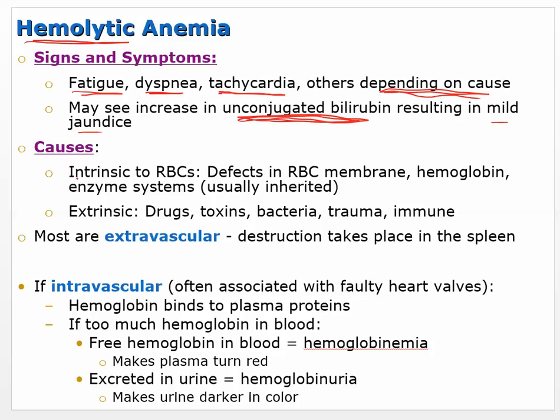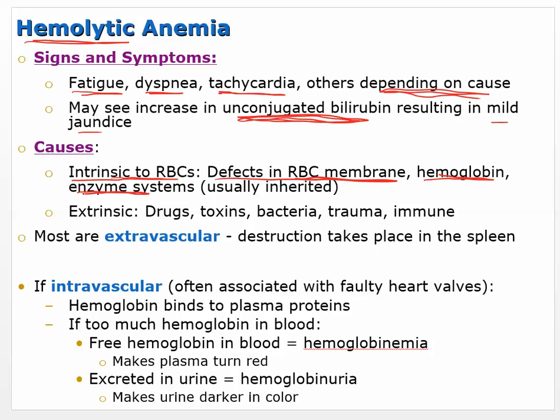Okay, the causes. It depends. It can be intrinsic to the red blood cells, which means that something's wrong with the red blood cells, where they're not being made properly, or I have here listed a defect in the red blood cell membrane. Well, if the membrane is defective, it's going to break more easily. It could be that there's a problem with the hemoglobin or enzyme systems.